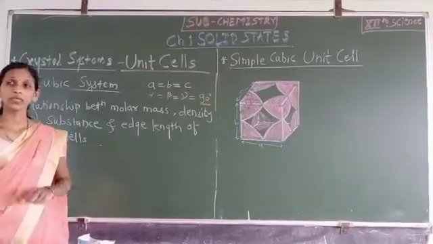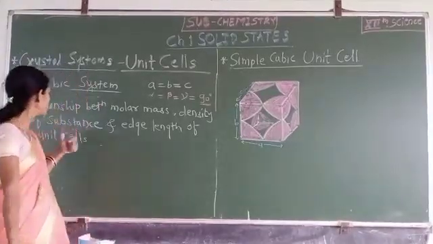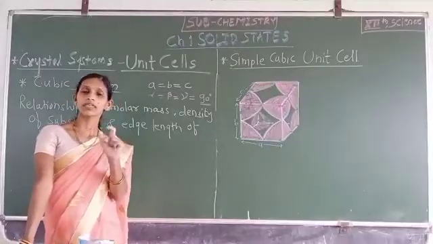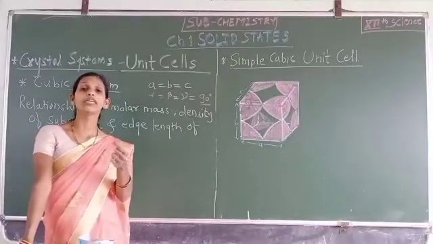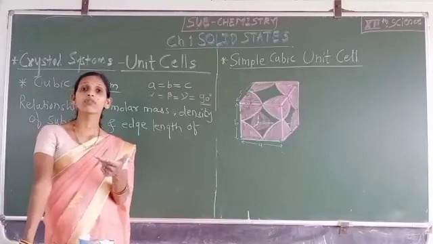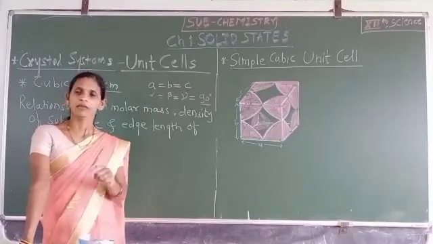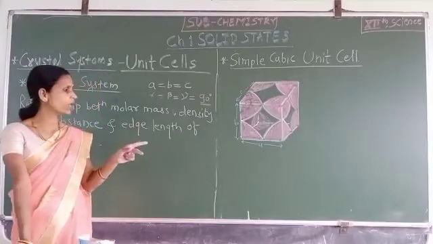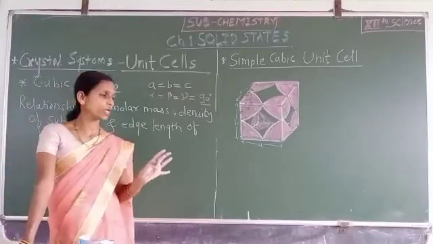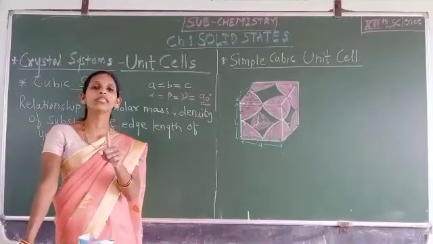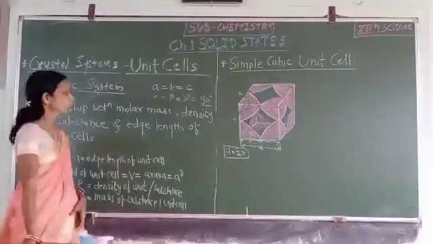See here, for example, if the unit cell of gold is a face centered cubic unit cell, then there are a total of 4 atoms present in 1 unit cell of gold.